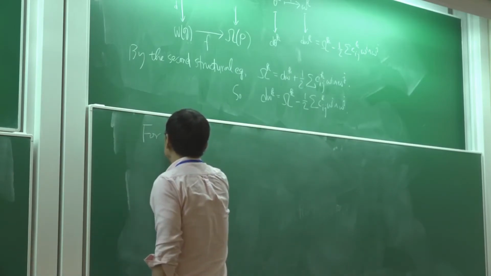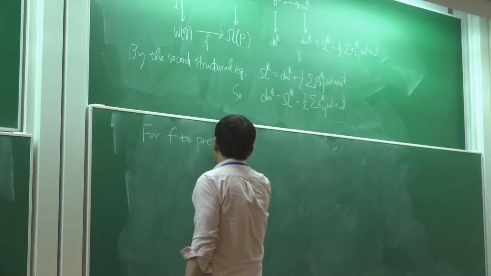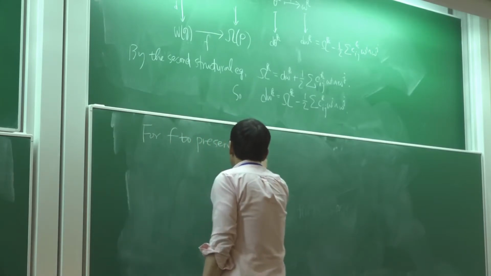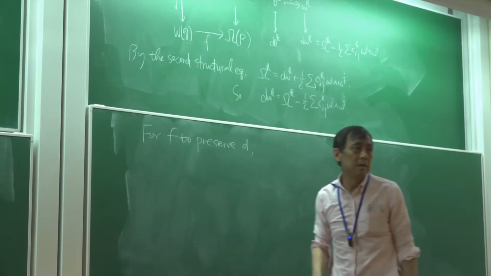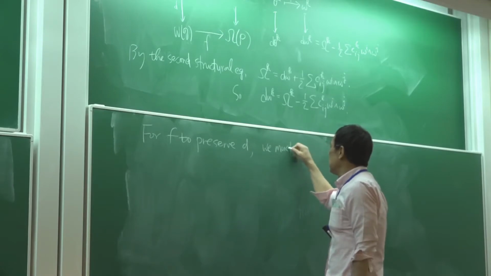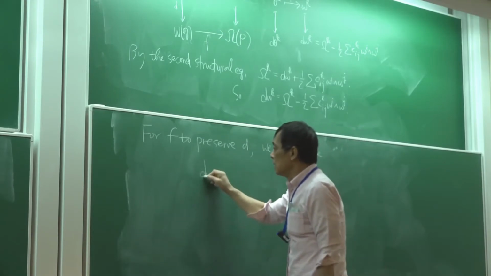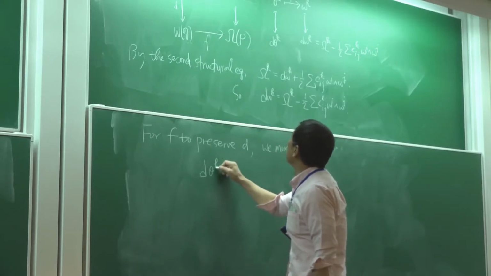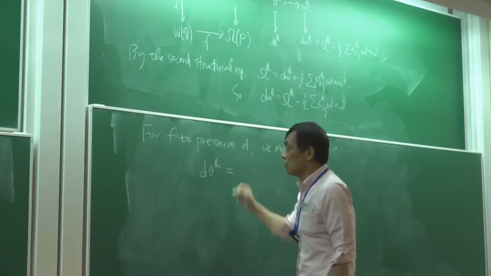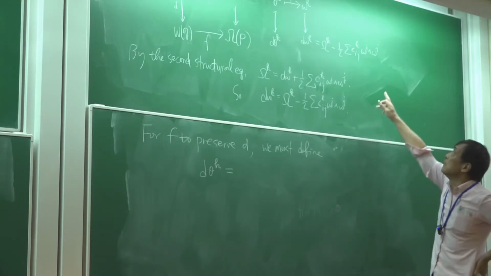So for f to preserve d, we must define d theta k to be equal to something that's going to map to that.